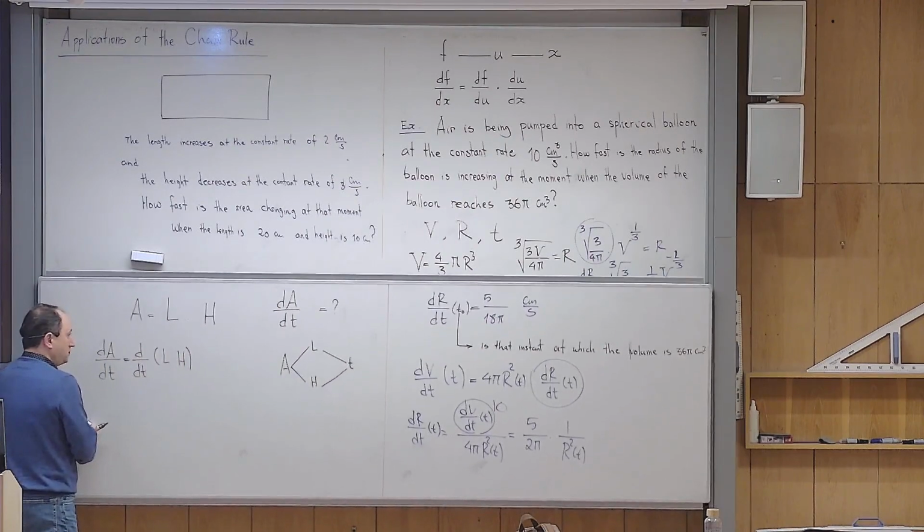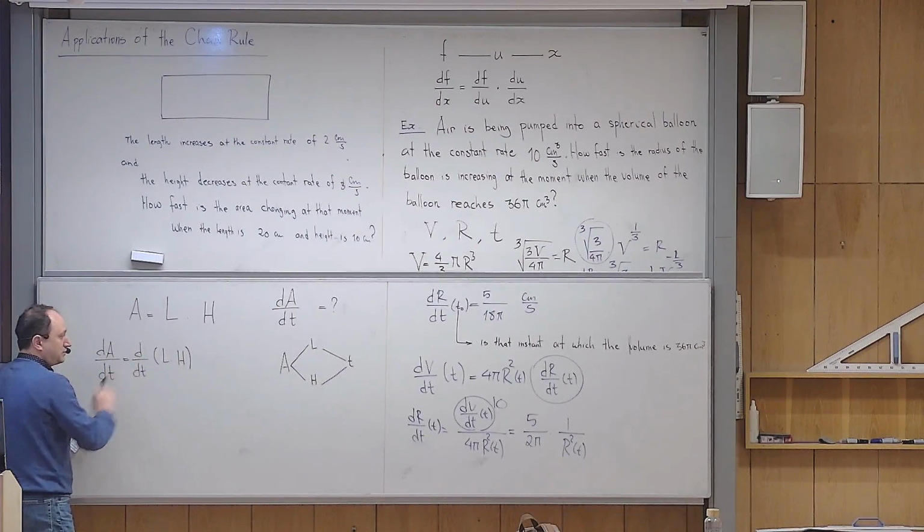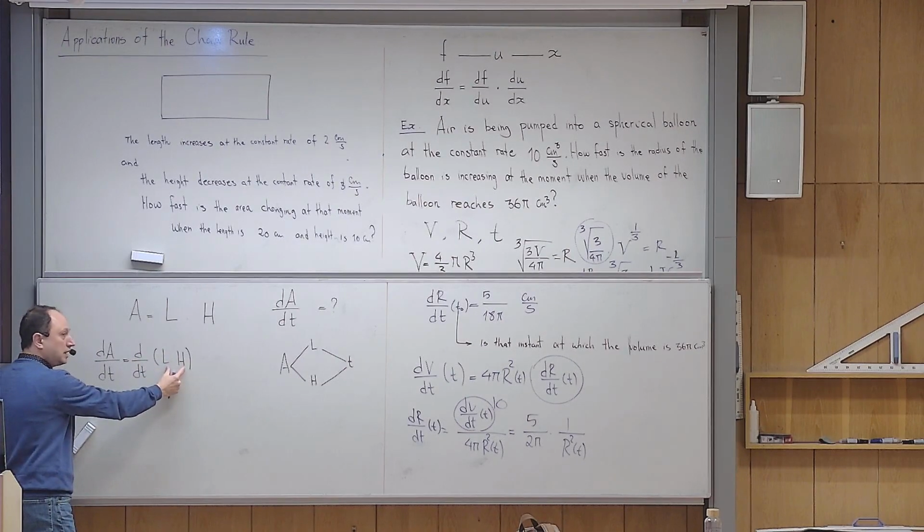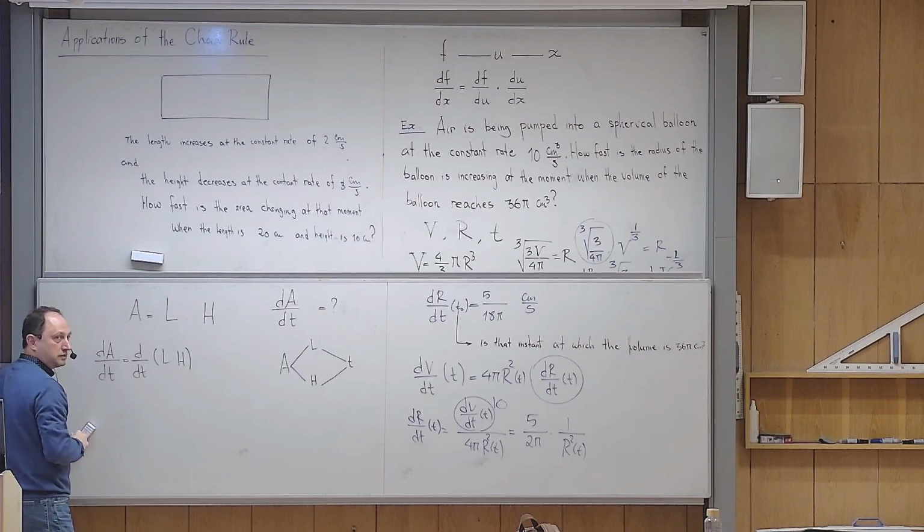Okay, but can you tell me, this is probably not that much related to the chain rule, but that's also good to understand about this. So how can I proceed? Can you help me to do that? Remember, L is a function of time. H is also a function of time. I have multiplied them and I want to take the derivative. Which rule is that? It's not the chain rule, but it is which rule?